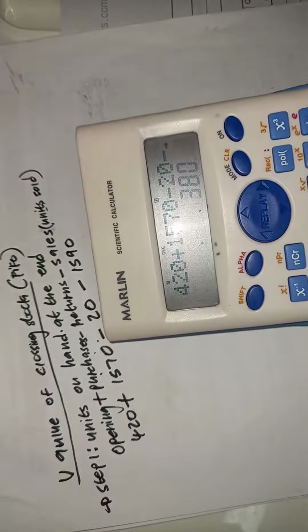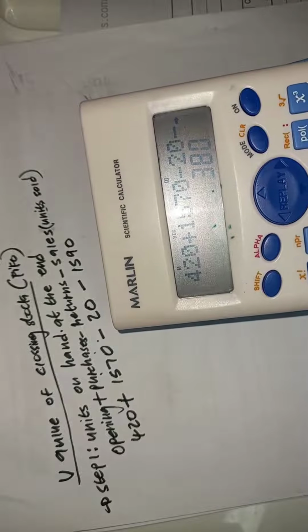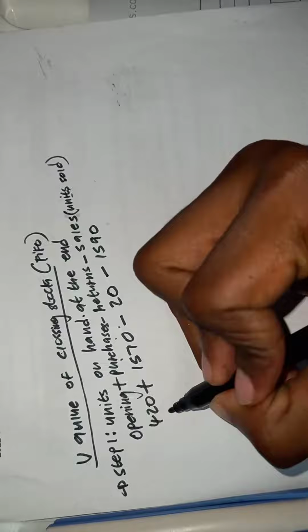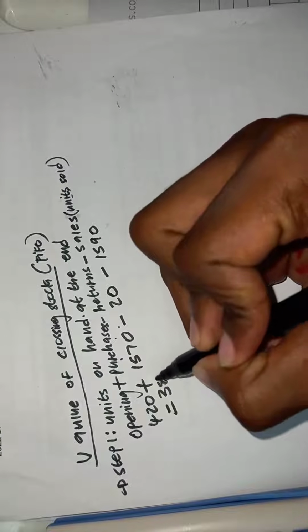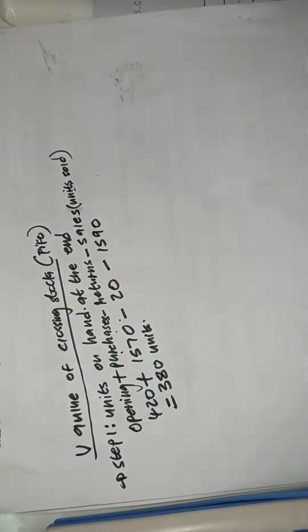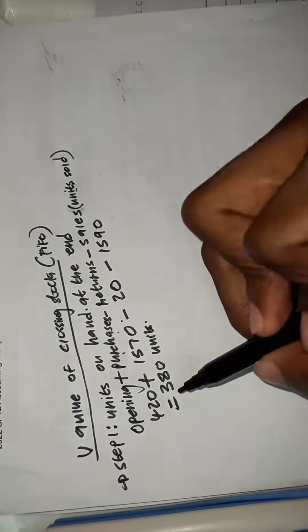So step 1, as you can see on our calculator, we are having 380 units. So let's put that. The answer is equals to 380 units left, which means at the end of the year we are left with 380 units.